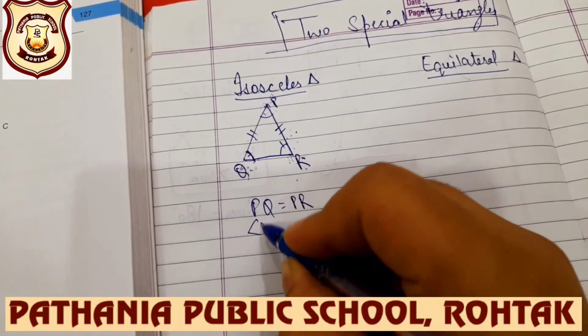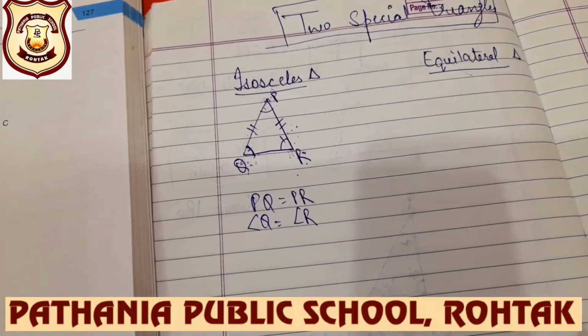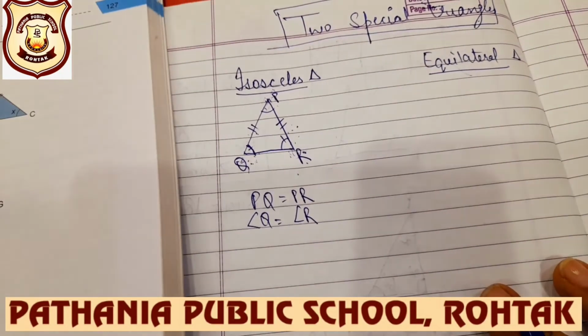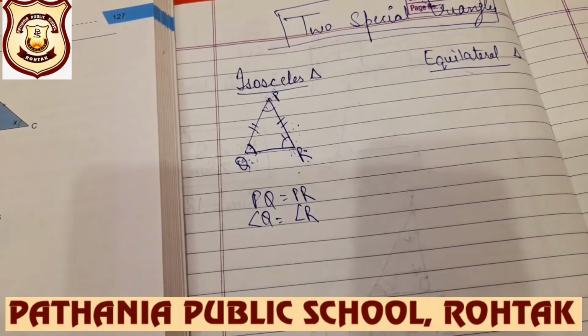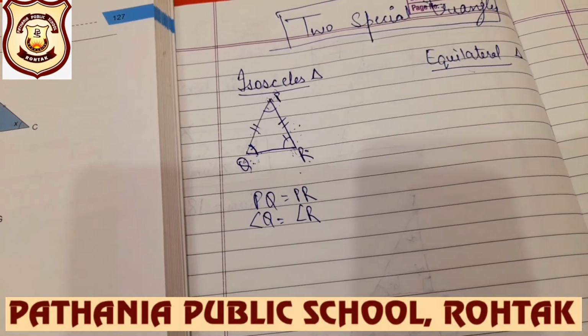So this means angle Q is equal to angle R. So what we have learned is that in an isosceles triangle, the angles opposite the equal sides are also equal.